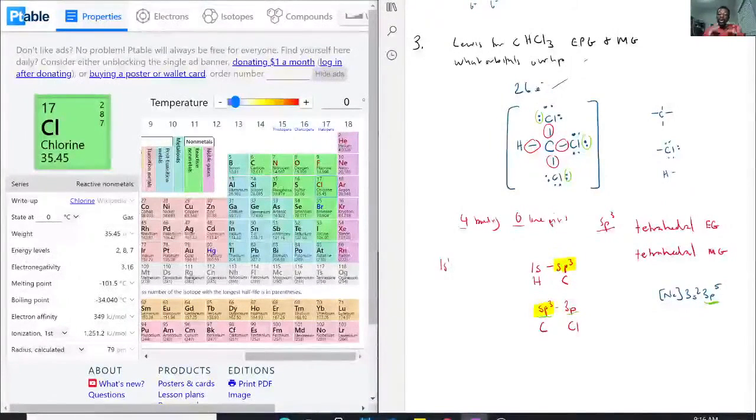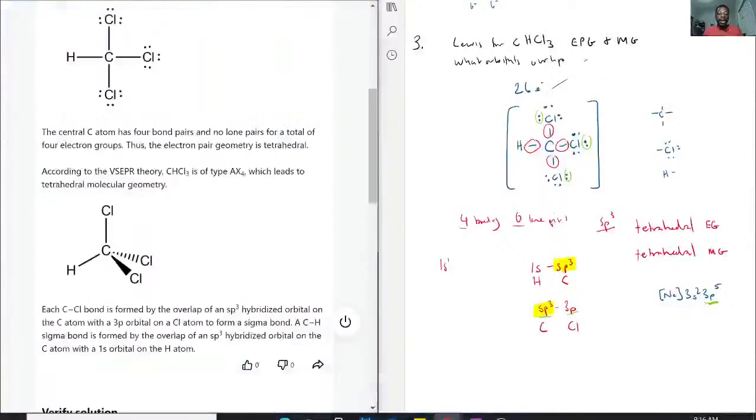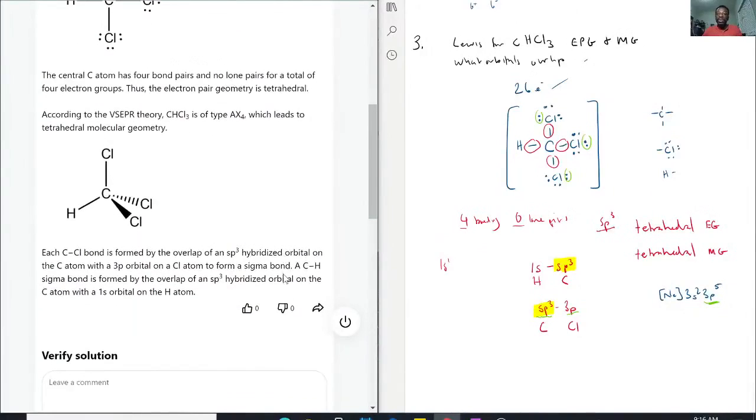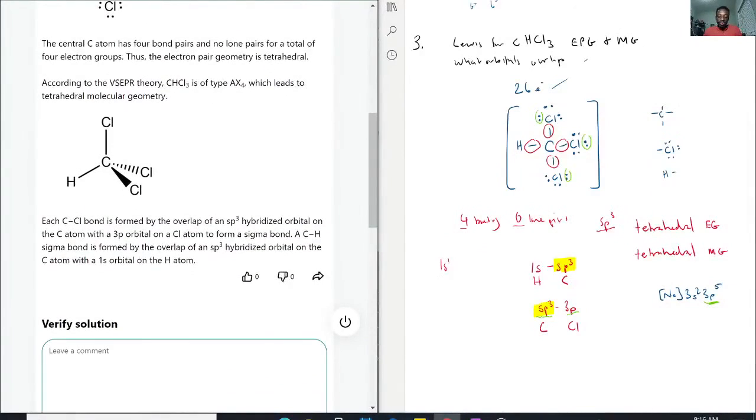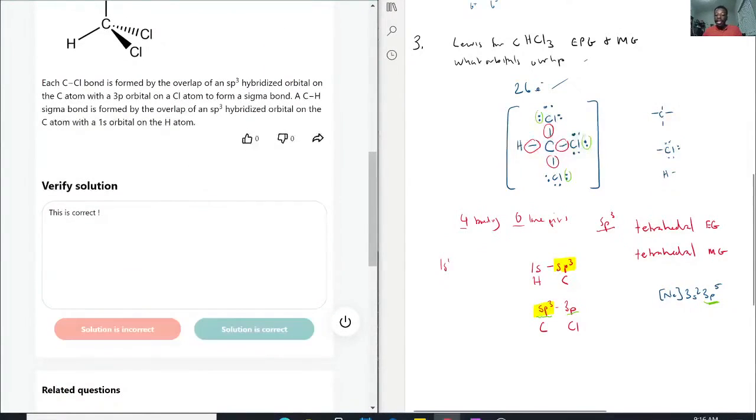Hopefully that made more sense in regards to how they got the answer. It was just hard to get the phrasing out, but I'm glad we had this basis to do so. So now with that being said, let's move on to question number 4.